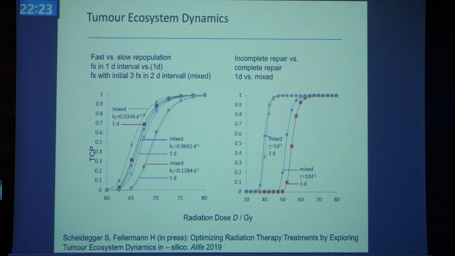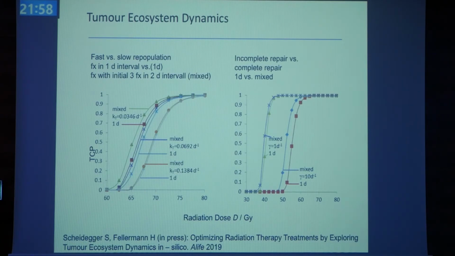For example, when we compare different fractionation schemes, daily fractionation versus a mixed protocol, where the first 3 fractions have a spacing of 2 days between the fractions, we can observe that this mixed protocol is better than the others. And this for a very large range of investigated parameters, we find in every case the same.